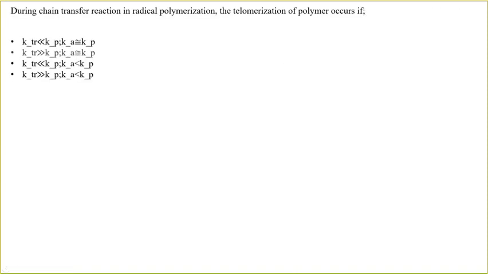During chain transfer reaction in radical polymerization, the telomerization of polymer occurs. First of all, we can see that there are different terms being used here: chain transfer reaction, radical polymerization, and telomerization. Chain transfer, we know what it is. Chain transfer occurs when the activity of one chain is given to the other chain.